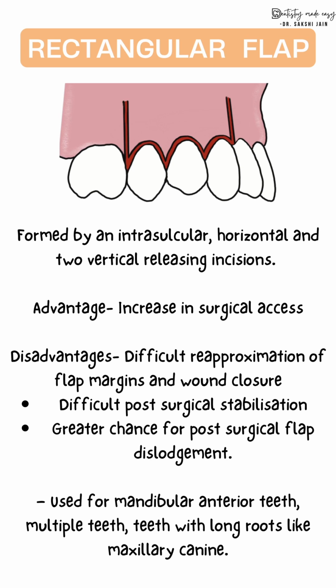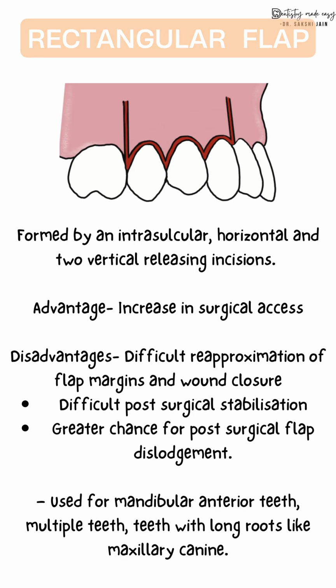But usually this flap is not recommended for the posterior teeth because of the suturing problem. The major disadvantage is there is difficulty in reapproximating the flap margins. Then the post-surgical stabilization is difficult, and there are greater chances for post-surgical flap dislodgement. So these are the disadvantages of the rectangular flap.